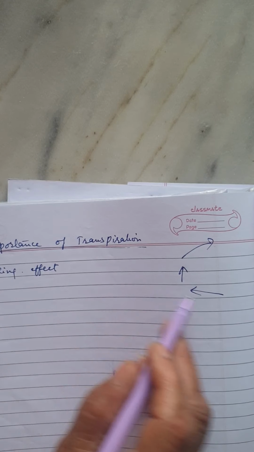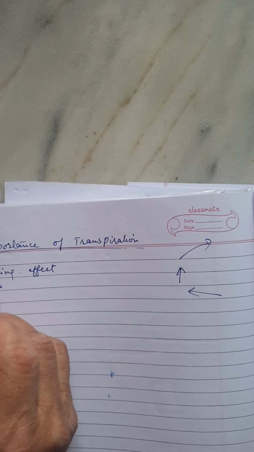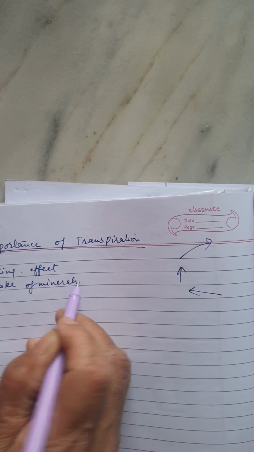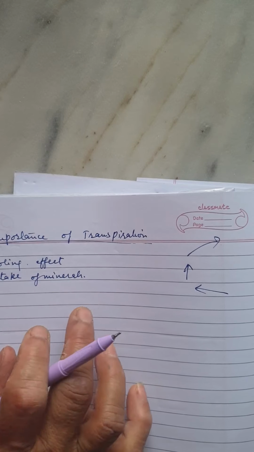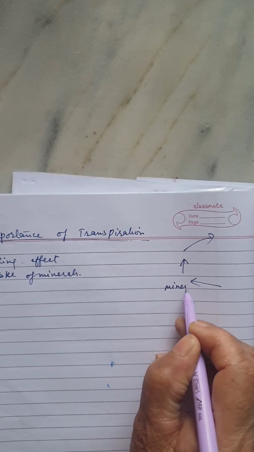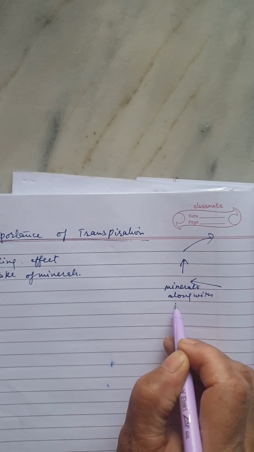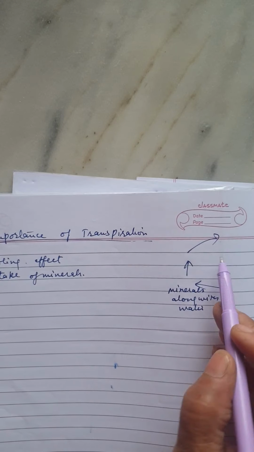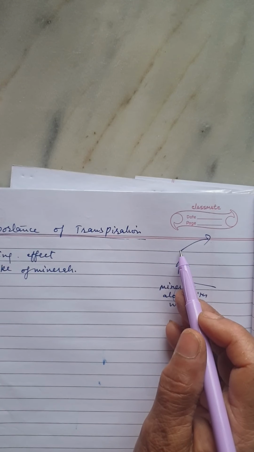More the transpiration, more the absorption of minerals from the soil. Water is absorbed due to the transpiration, like the cold drink we suck: the more we suck, the more the cold drink goes upward.